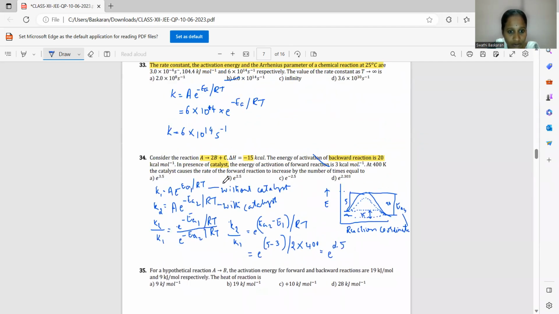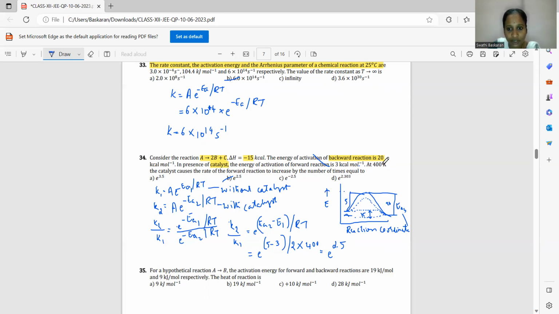Which option is correct, students? Option B is correct. So what did we do here? Quickly, we determined, based on the delta H value as well as the activation energy of the backward reaction, the activation energy of the forward reaction. Once this is determined, we take the activation energy of 5 as well as the activation energy of the catalyzed reaction, 3 kilocalories per mole.